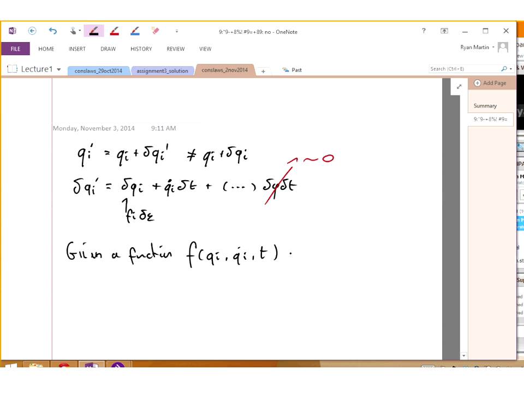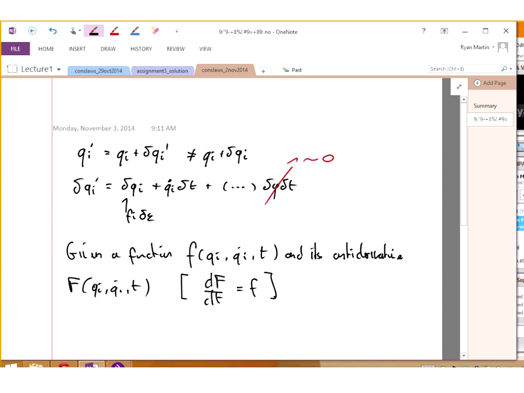Okay. So let's say we're given a function and its antiderivative capital F of Qi, Qi dots, and t. So what I mean is that d capital F by dt is equal to little f. All right.